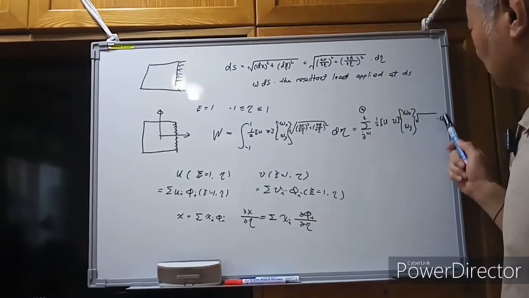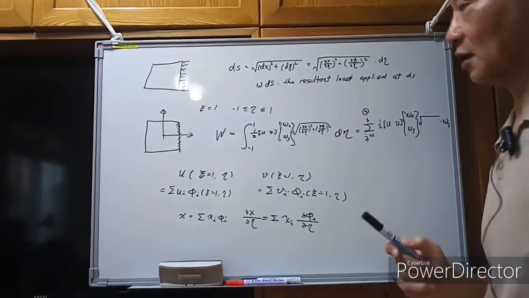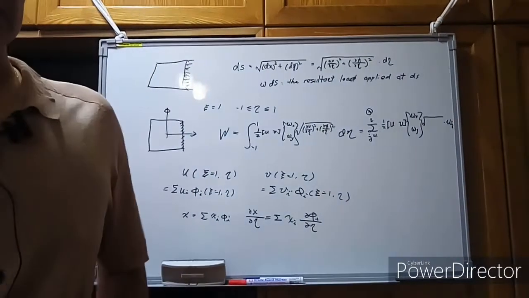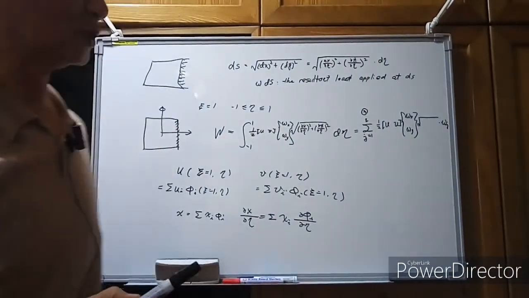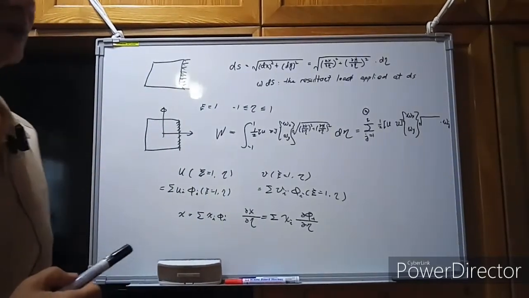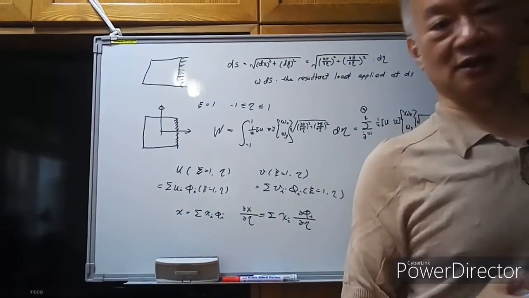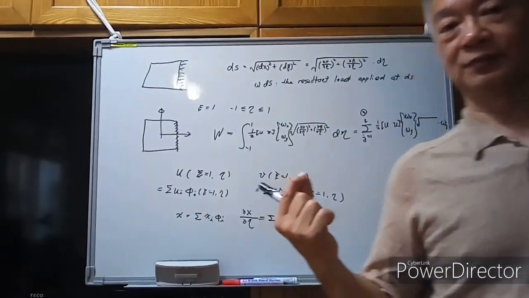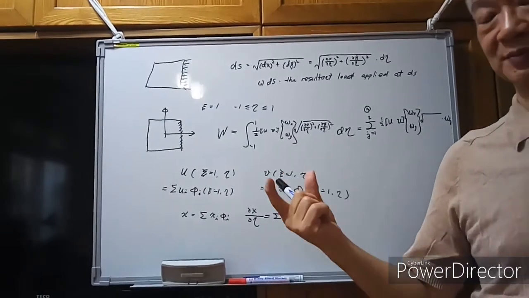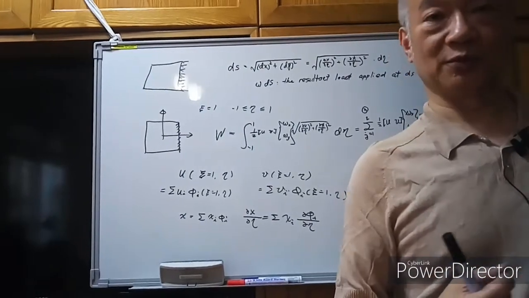And then we need to multiply the weight of these integration points. And for the 2-point rule, W1 and W2 both equal to 1. But for some other integration rule, you need to check the table to find the corresponding W and the corresponding integration points.